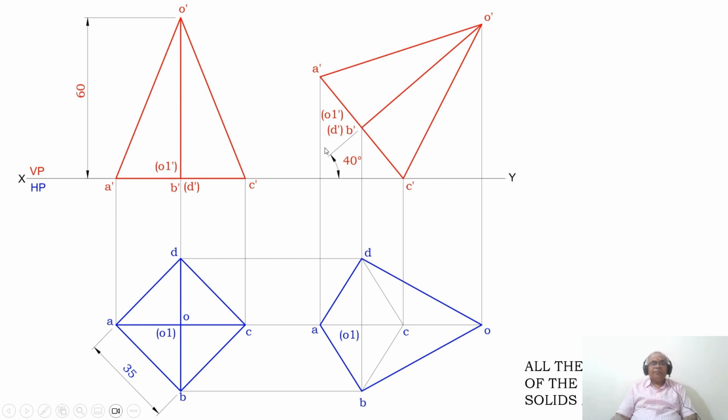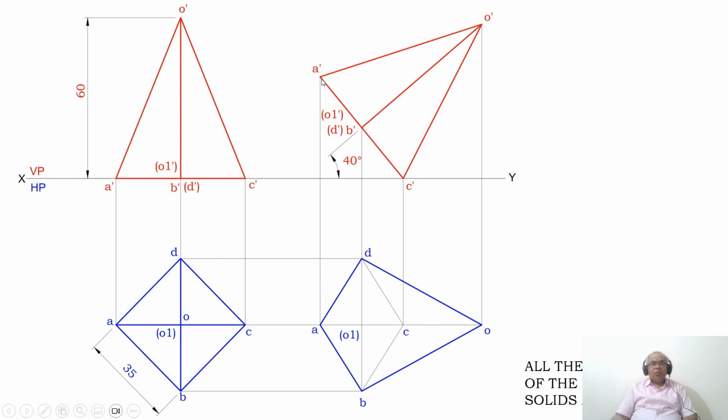So you get this point. Then you measure the distance from C dash to O dash, which will also be the same as A dash O dash. With C dash as center, draw an arc. Similarly, with the same radius, with A dash as center, cut on the previously drawn arc, and you mark that point as O dash, this point as B dash, this point as D dash in bracket, and this point as O1 dash in bracket.